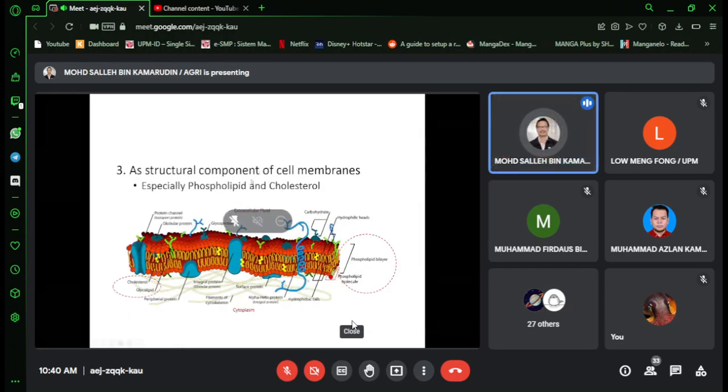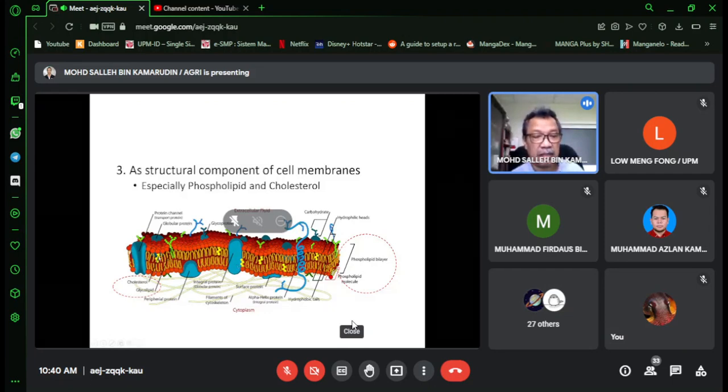Third is as a structural component of the cell membrane. If you look at the cell membrane, it is mostly protein, with a little carbohydrate, and they are very important. The phospholipid groups and also the cholesterol group are very important parts of the membrane components of cell membranes.